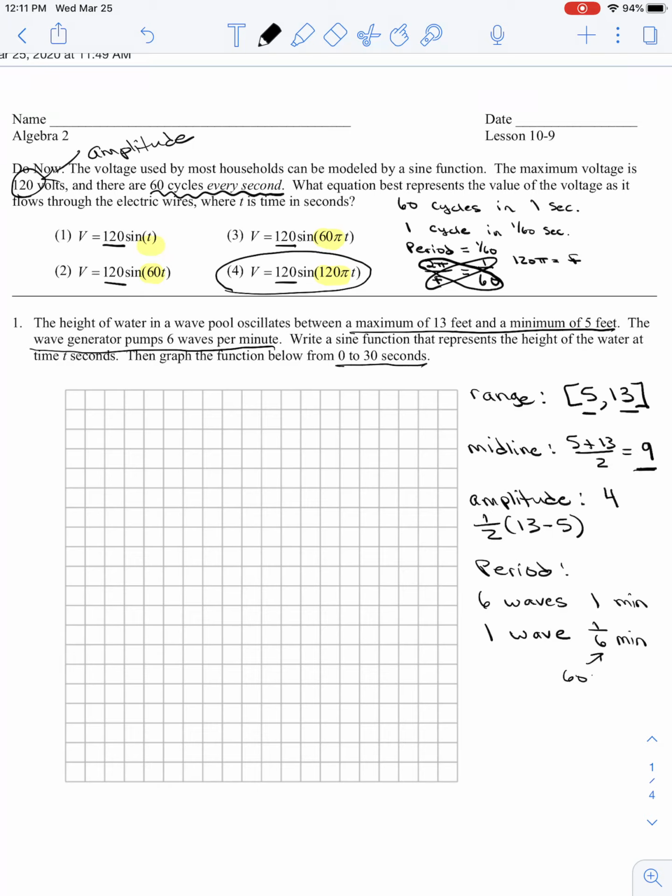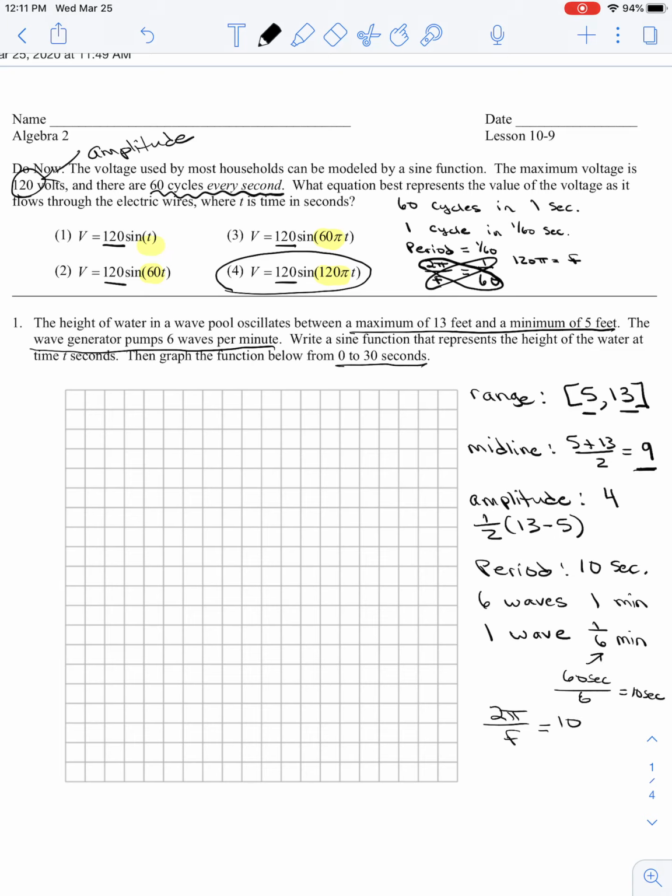So if I took 60 seconds and divided it by 6, I would get 1 wave every 10 seconds. So that's my period, 10 seconds. I'm just going to record that up here. Now I'm going to work backwards to find the frequency. I know the period is 10 seconds, and I know the formula for period is 2 pi divided by the frequency.